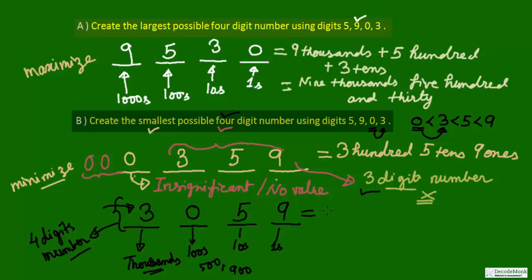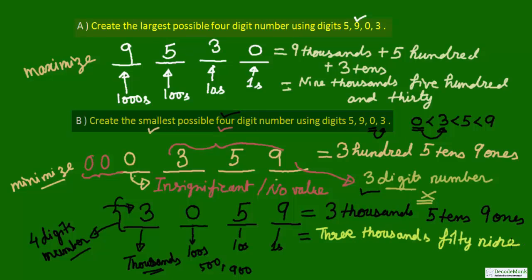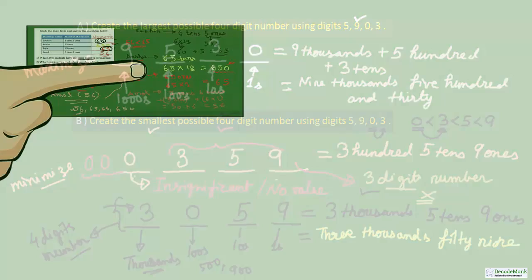So this is 3000, 0 hundreds, 5 tens, and 9 ones, or simply we can write this as 3059. I hope you have understood the logic and the difference between my previous set of A and B questions and this set of A and B questions, where I have got 0 as one of the digits. Please read the questions carefully and answer them properly.